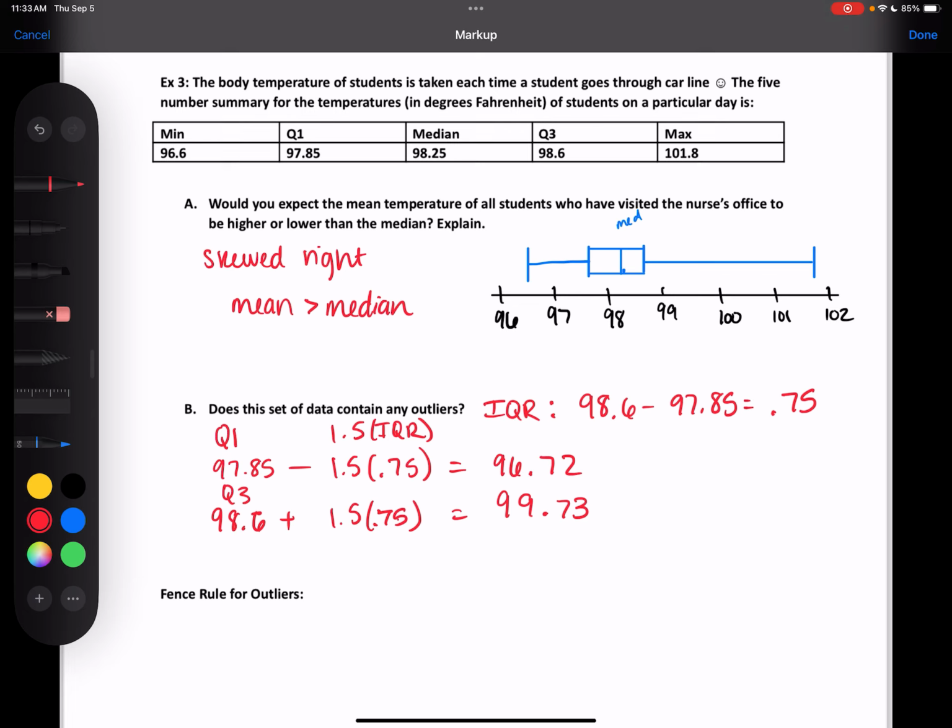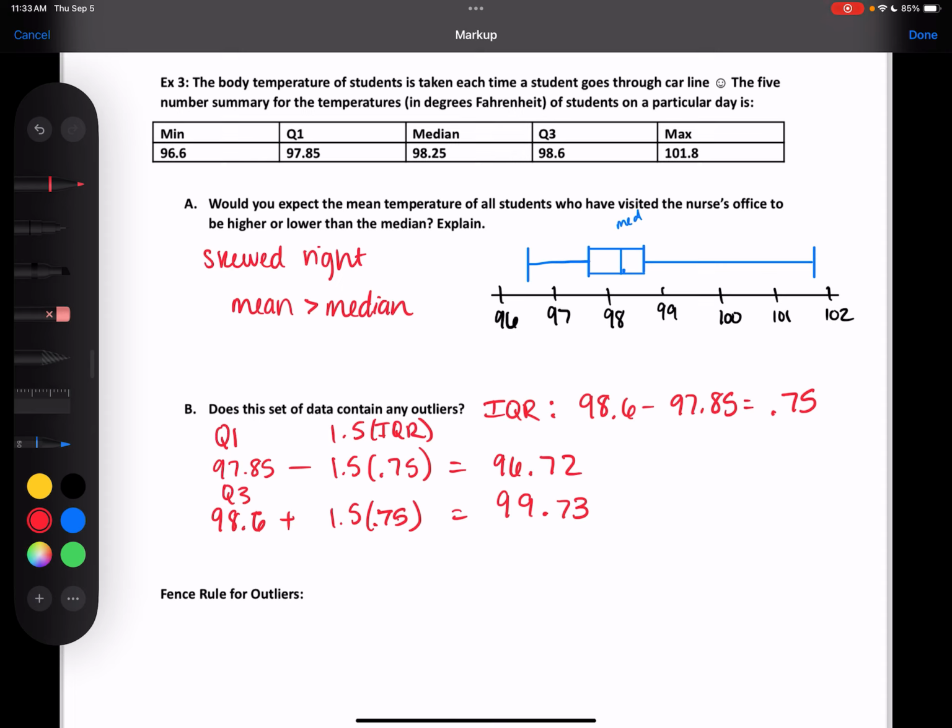So, are there any outliers? Look at the min and look at the max, and then look at my fences. Is 96.6 in the range? No, so I know that's an outlier. Is 101.8 in the range?